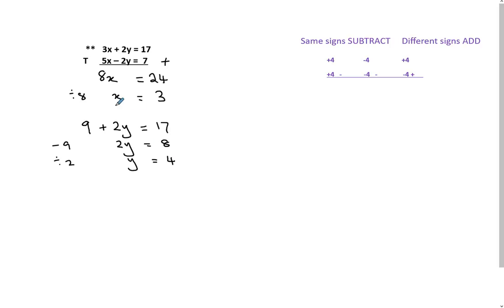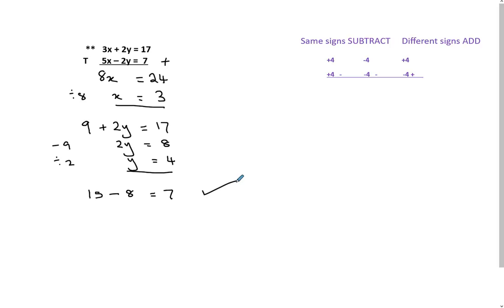So we've got x equals 3 and y equals 4, and we test it in the second equation. So 5 times your x value, 5 times 3 is 15, minus 2 times 4 is 8, and we get 7. And then what do we do? Tick. God, I'm good.